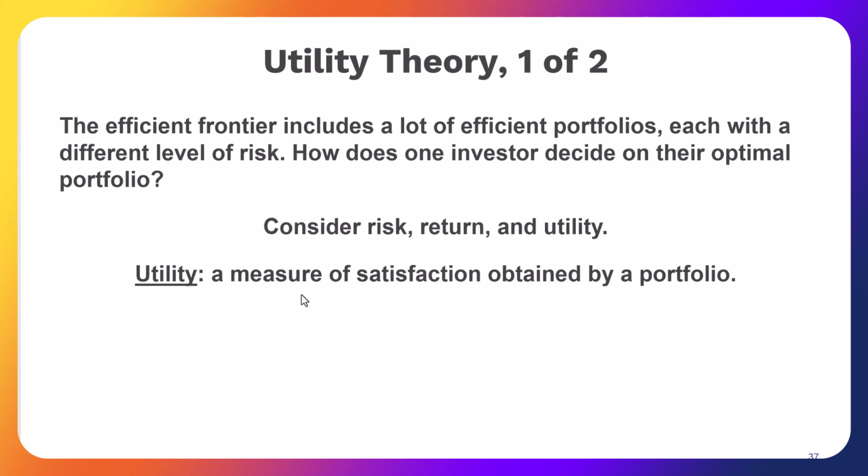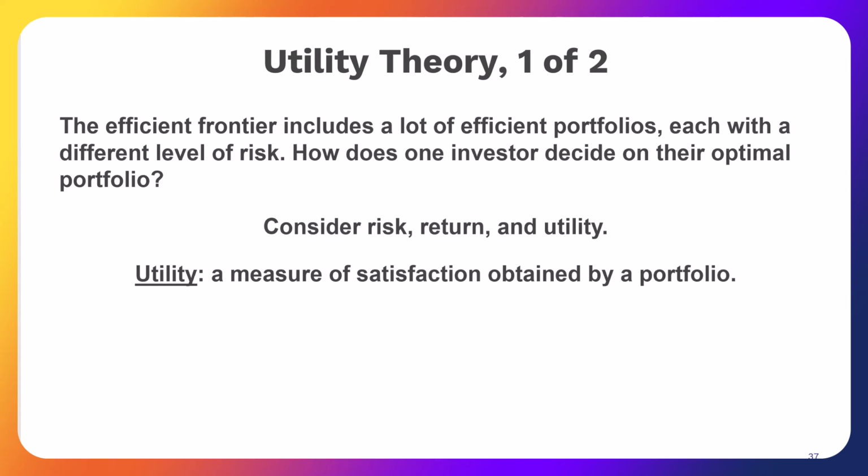So this concept that we're talking about is something called utility. It's a measure of satisfaction. It's based on my risk tolerance. So a risk-averse investor may prioritize bonds over stocks because they're more sensitive to that higher risk level.